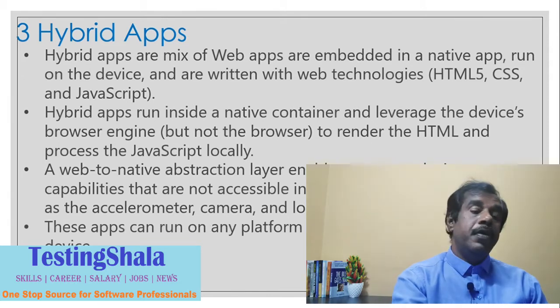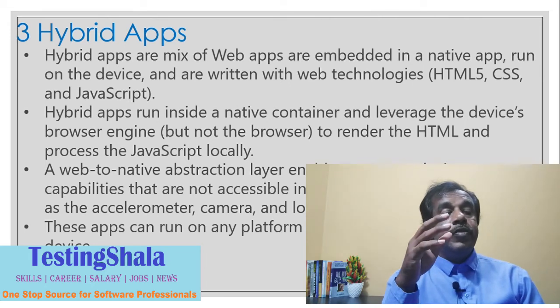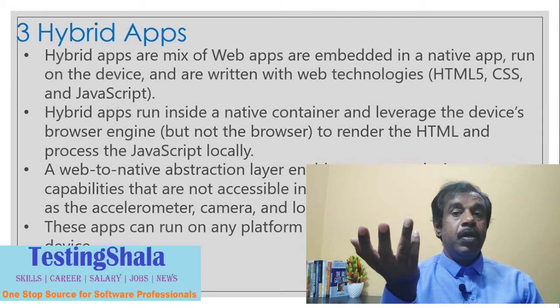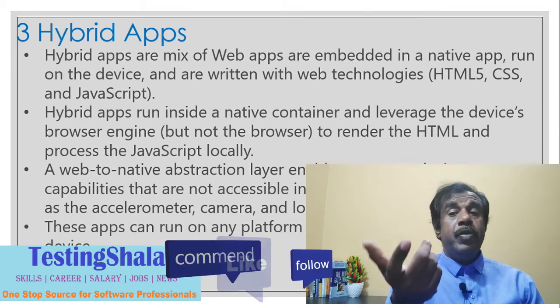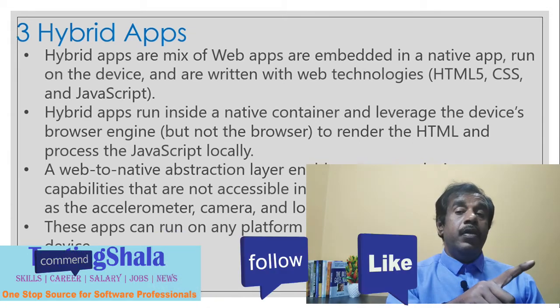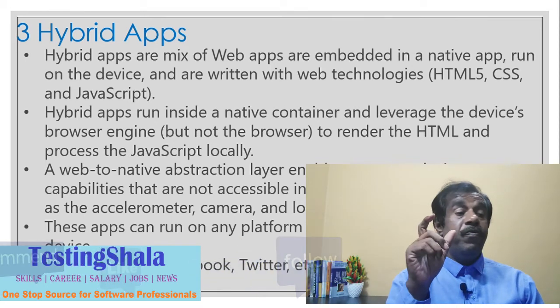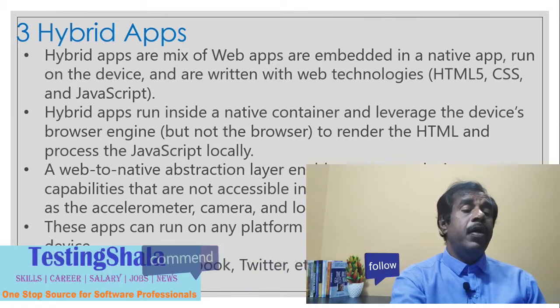hybrid app. And these apps can run on any platform, on any device, because it has both a mix of native apps plus web apps. That is the funda of this hybrid app. If we talk about certain examples of hybrid apps, they are Flipkart, Facebook, Twitter.